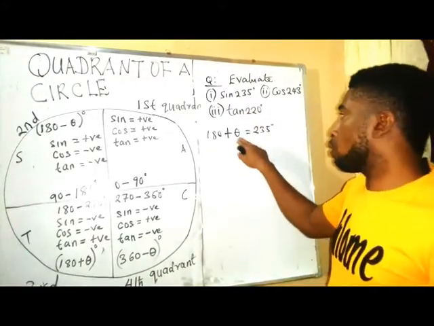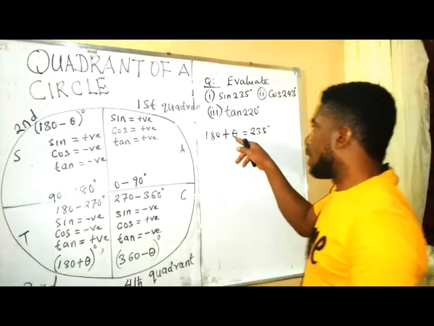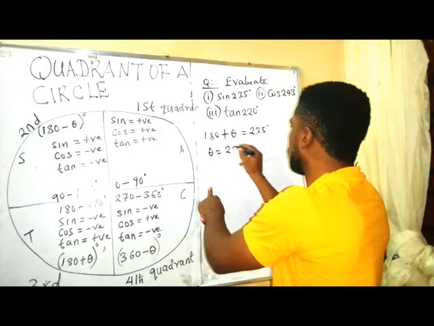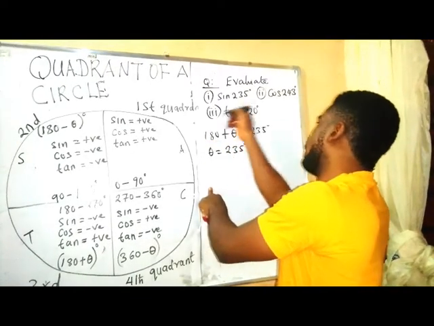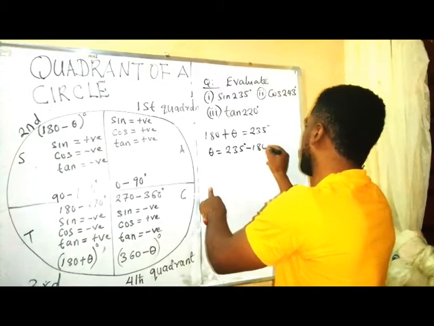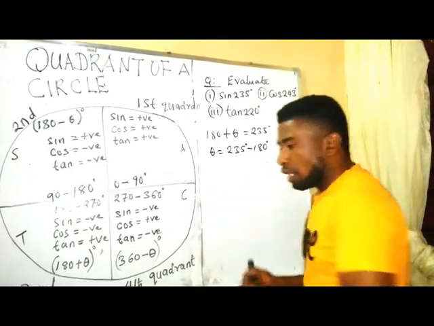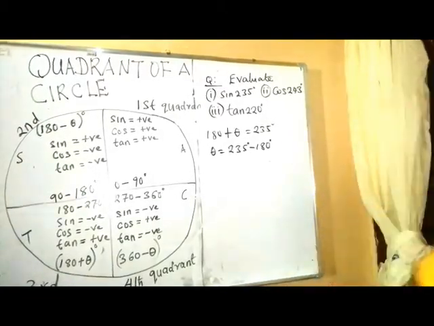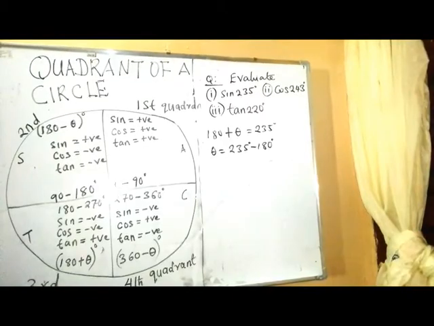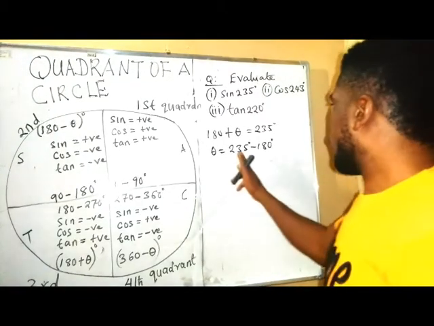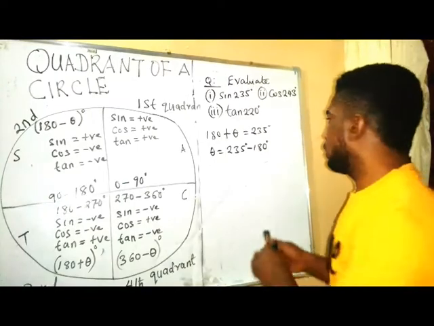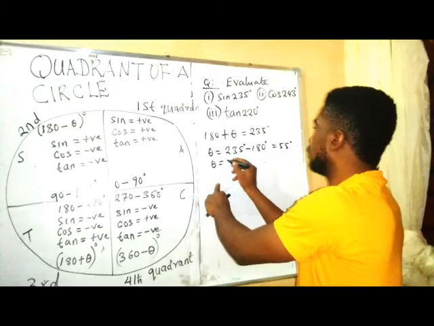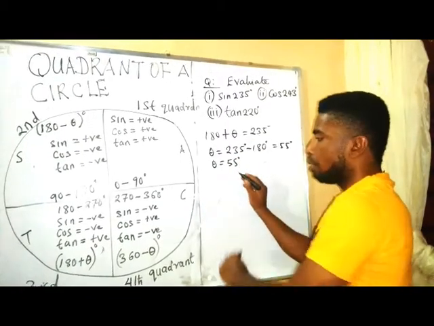I don't know the angle and I call it theta. So making theta the subject, theta becomes 235 degree minus 180 degree. When you subtract, 235 minus 180 gives you 55 degrees. So theta here is 55 degrees.